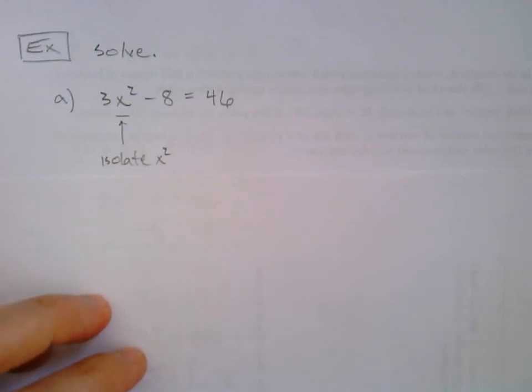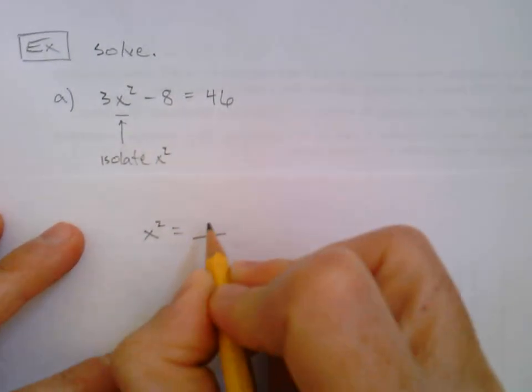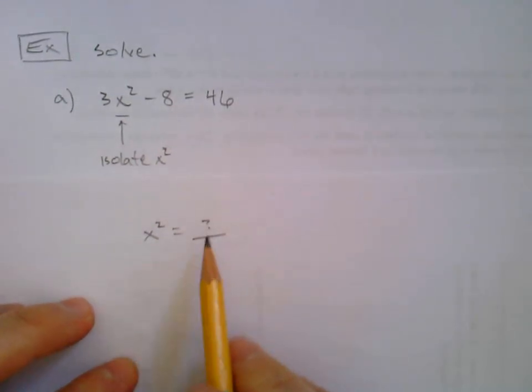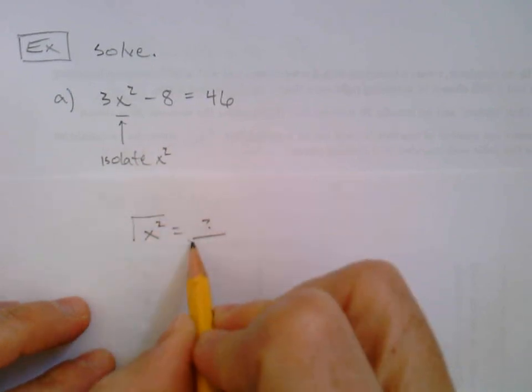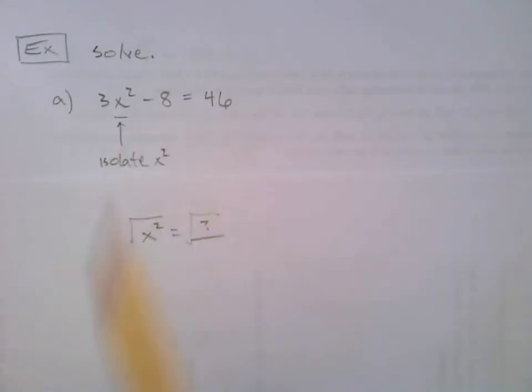We want it to become eventually x squared equals some number. And once we have x squared equals something, then we'll be able to take the square root and continue on. So our first goal is to just get that x squared by itself. We saw similar things when we solved radical equations. We had to isolate the square root, that sort of thing. Okay, so let's go for it.